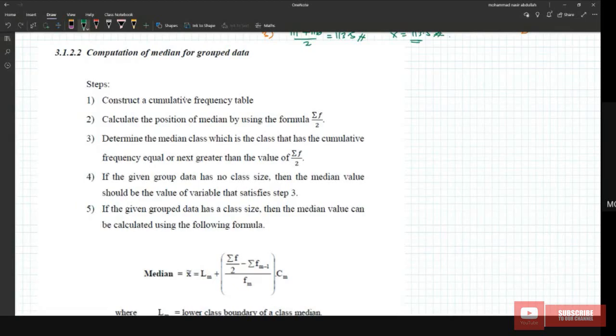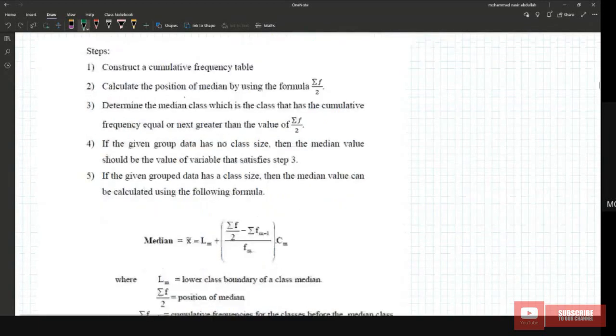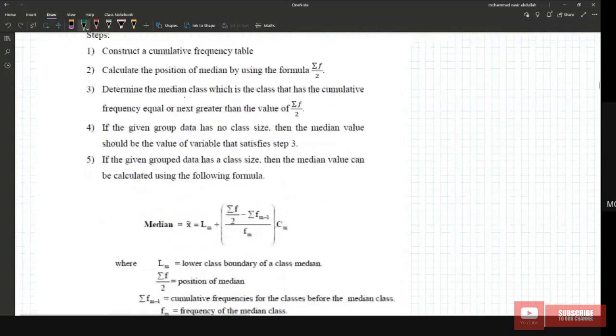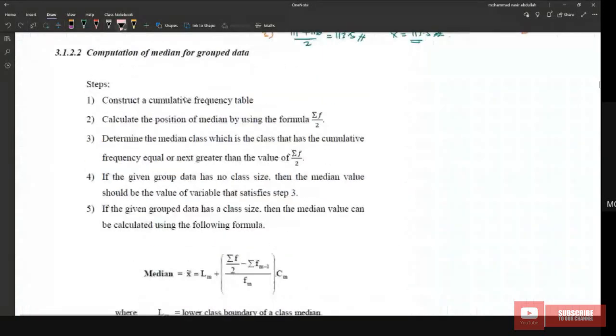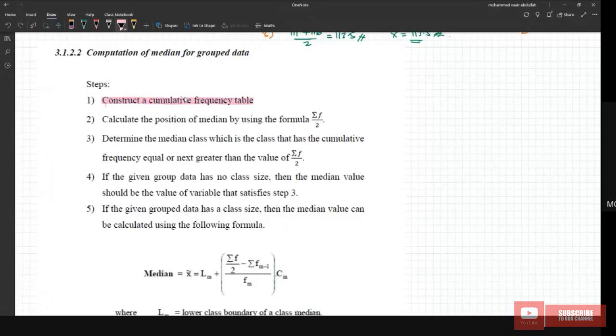Now, if you have group data, to calculate median, the first step is you need to construct a cumulative frequency table. Once you construct it, you need to find the position of median using the formula summation of f divided by 2.